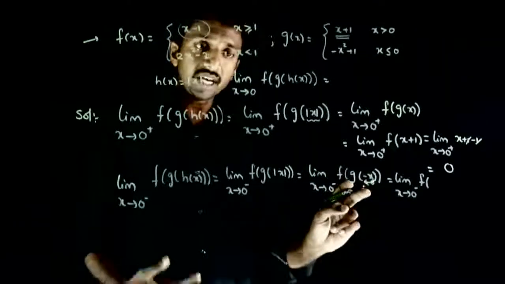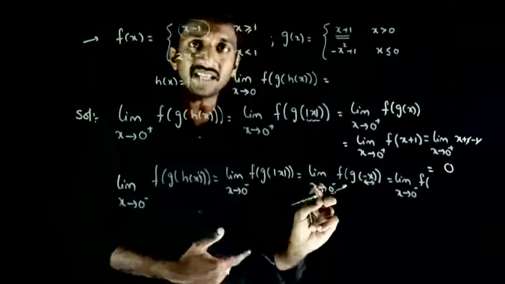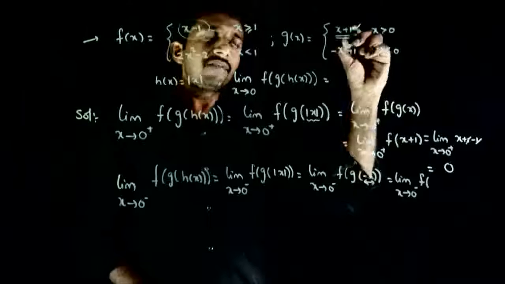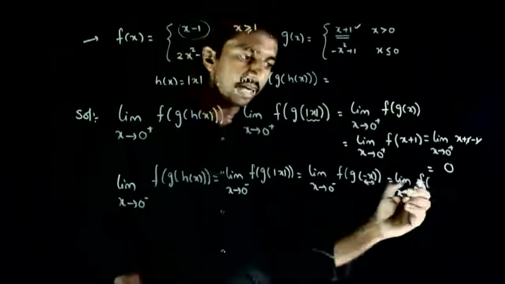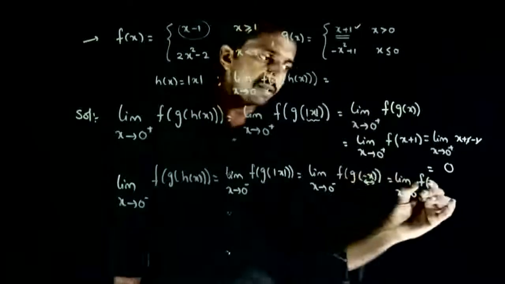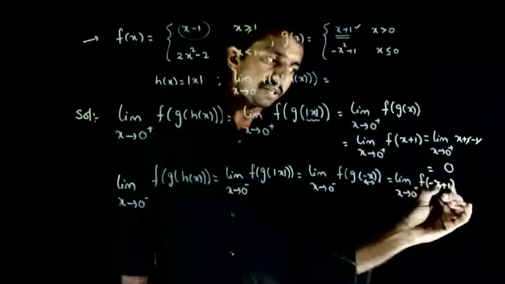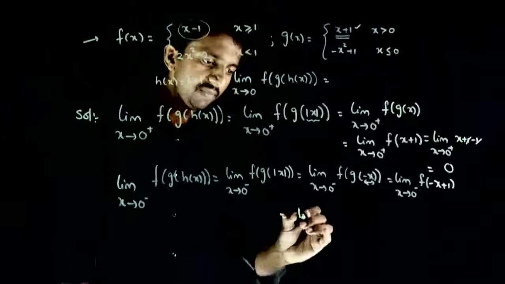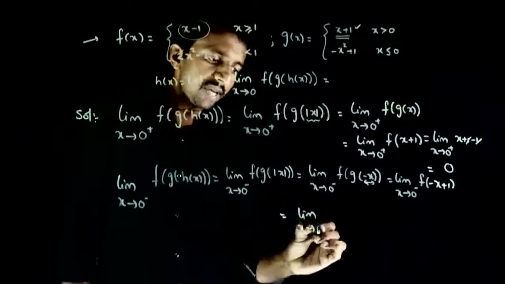So minus x 0 से ज्यादा होगा क्योंकि x is less than 0. So g of minus x के लिए again यही फंक्शन काम करेगा. So you get g of minus x is equal to minus x plus 1. So that is equal to limit x tends to 0 minus.